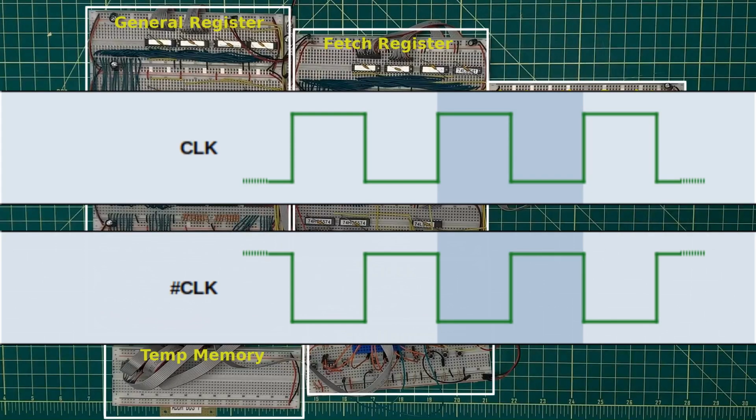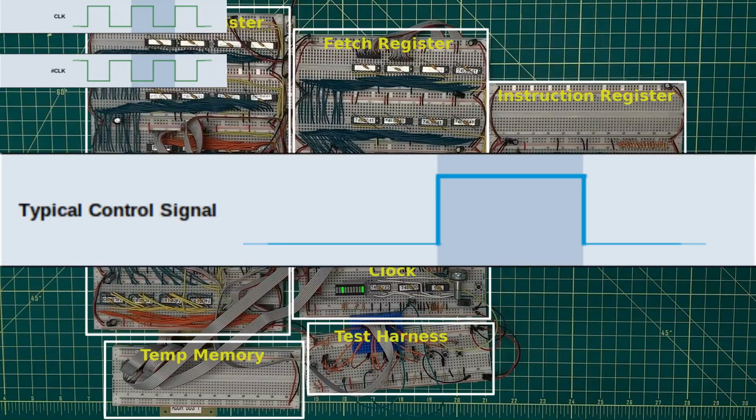Now, for display purposes on an LED, that's fine, but for controlling the CPU, I'm really striving to have much tighter tolerances. My typical control signal is going to generally be low when the signal is not asserted, and then go high during the clock cycle in which it is required, and then return back to low when it is not required.